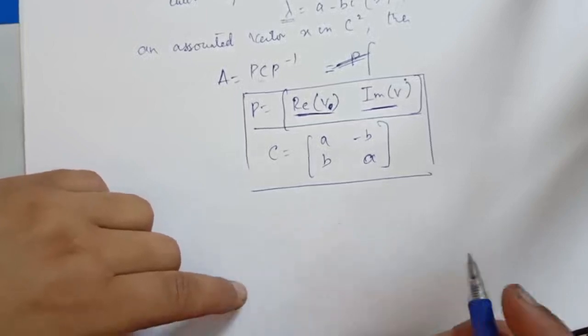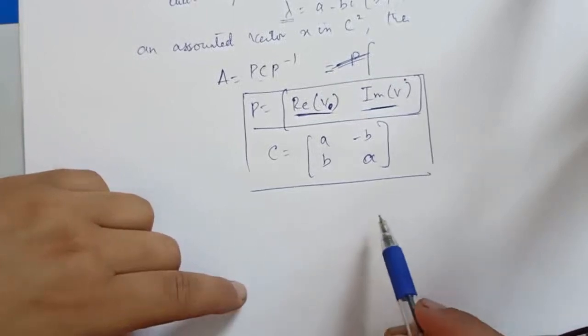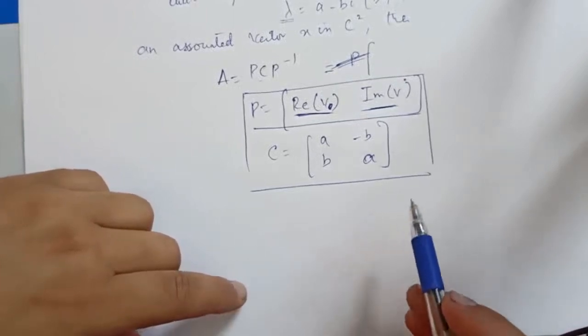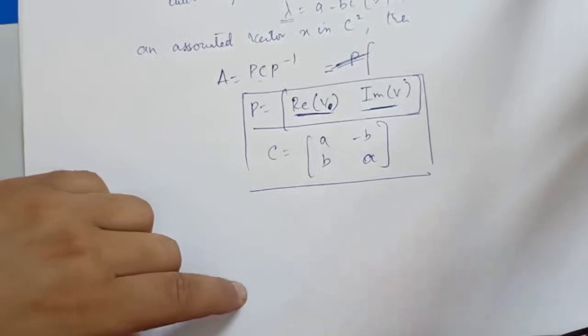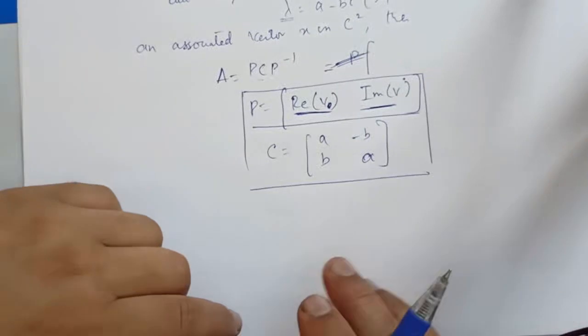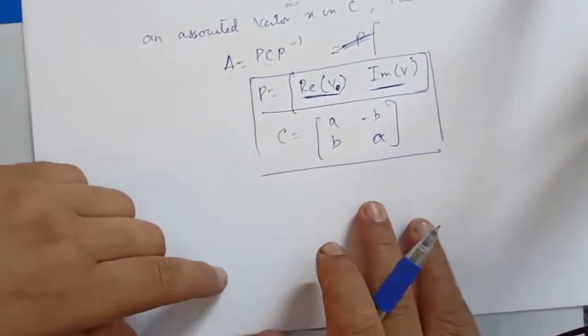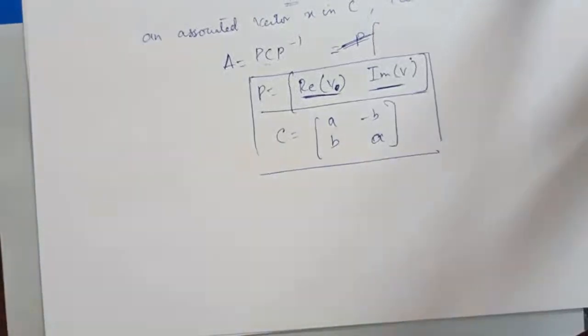So if a point is rotated on the same plane, then we say that the plane is invariant under A, or actually under the complex eigenvalues of A. Okay, so let's summarize what we have done today.